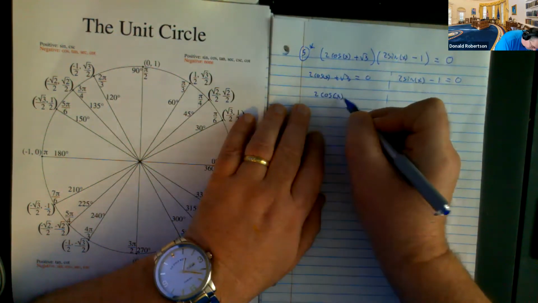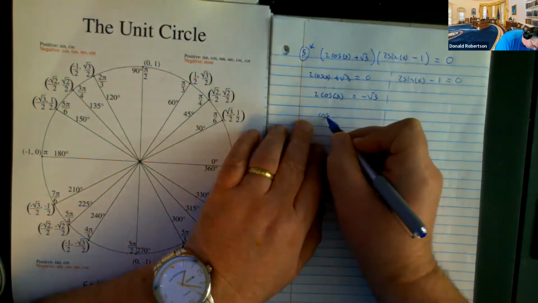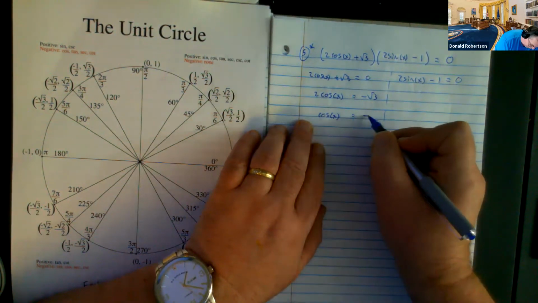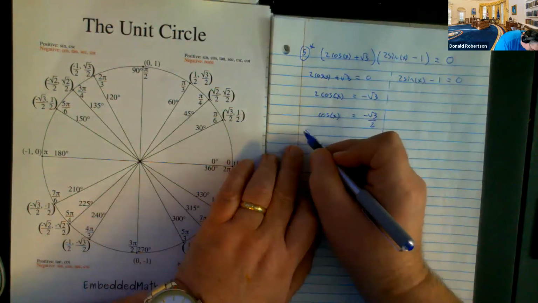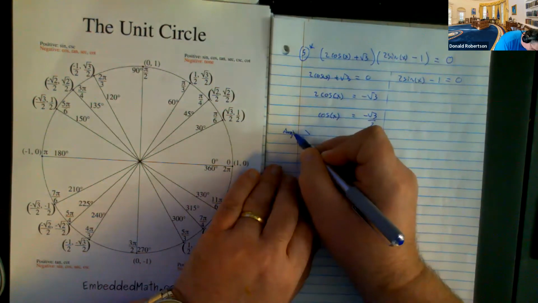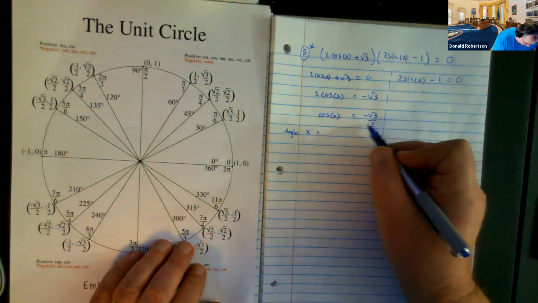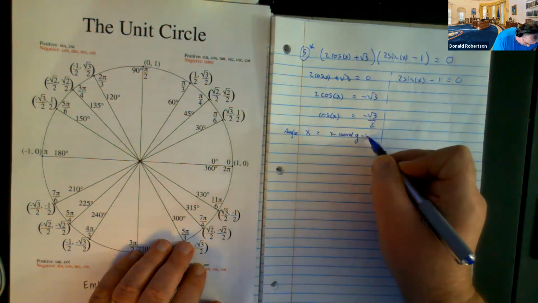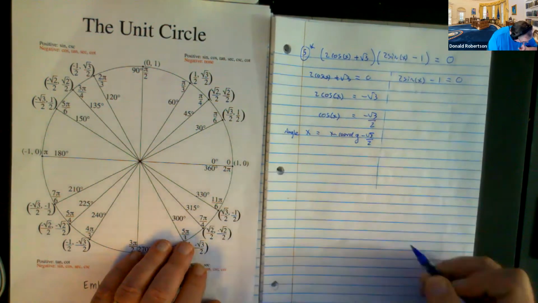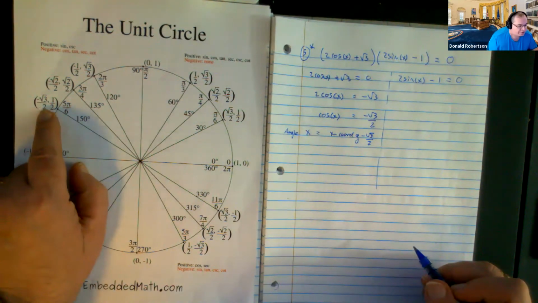All right, let's start with this one. If you subtract the square root of 3 from both sides, you get that. And if you divide by 2, you get that. And I am looking for angle x. And it's going to be any guy that has an x coordinate of -√3/2. So this angle here has an x coordinate of -√3/2.